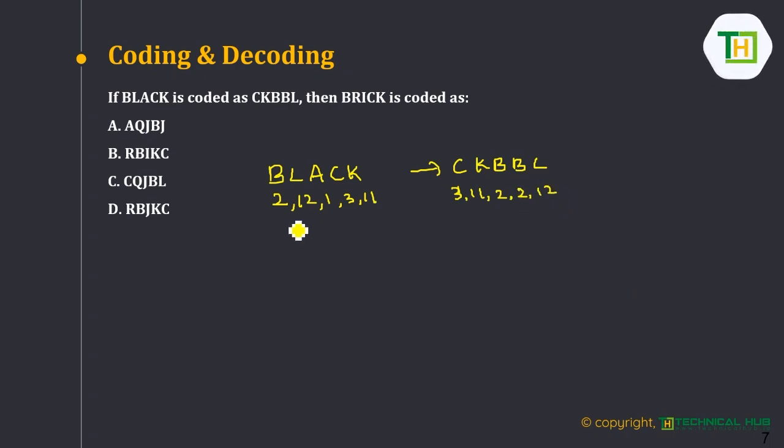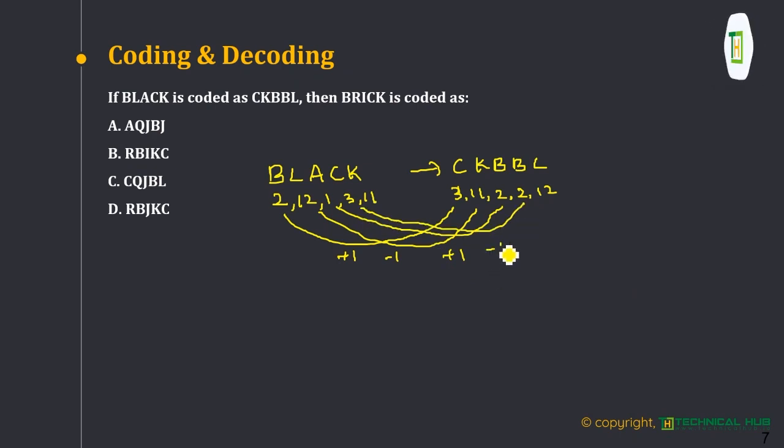So 2 is changed to 3, means adding 1. And 12 is changed to 11, means subtracting 1. Again 1 is changed to 2, means adding 1. And 3 is changed to 2, means subtracting 1.